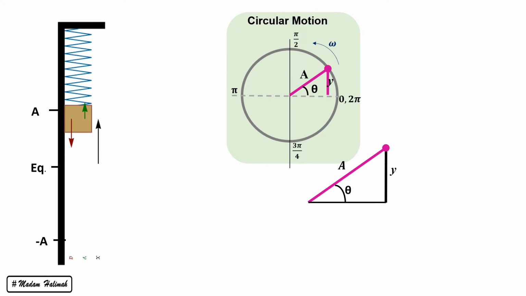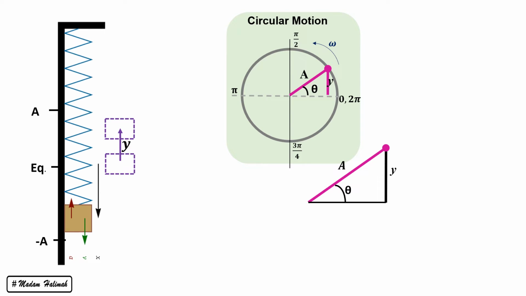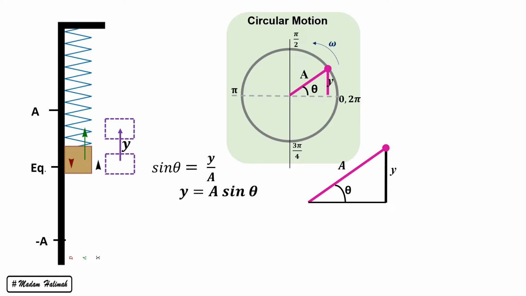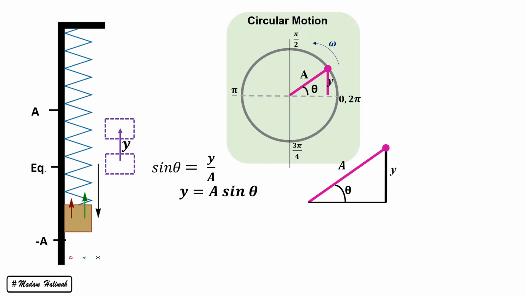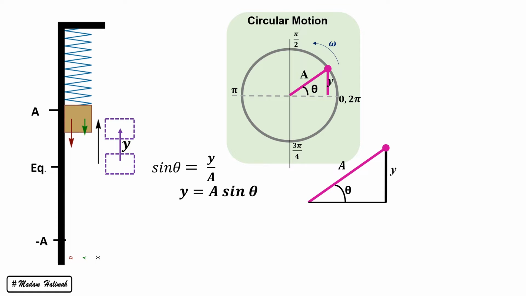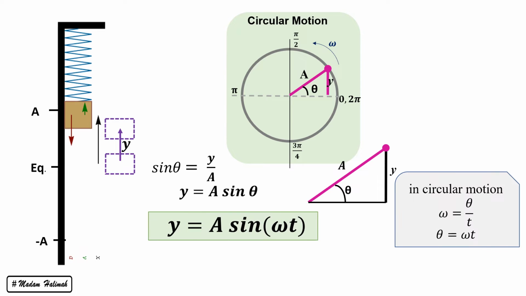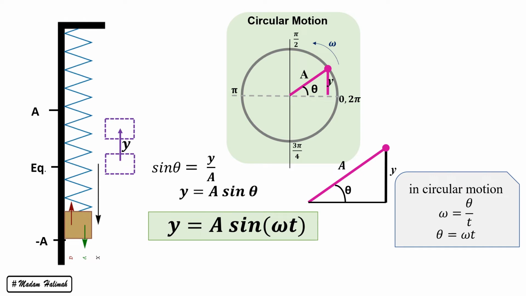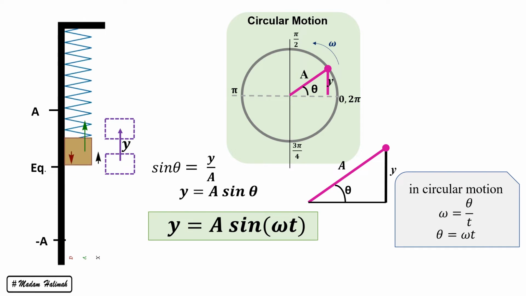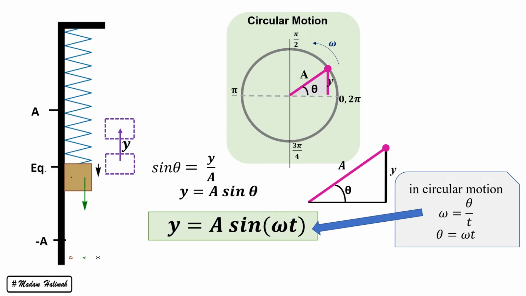Okay, cuba kita lihat sekali lagi pergerakan bermula daripada equilibrium position, keadaan keseimbangan. Kita dah dapat terbitkan persamaan y is equal to A sin omega t, di mana theta is equal to omega t.